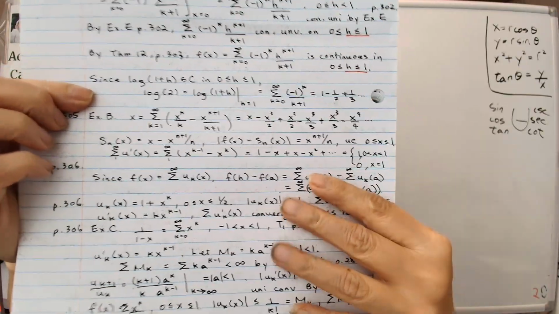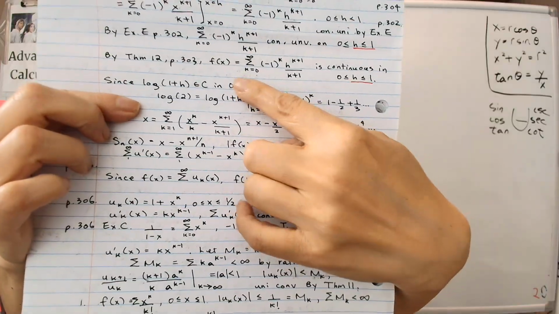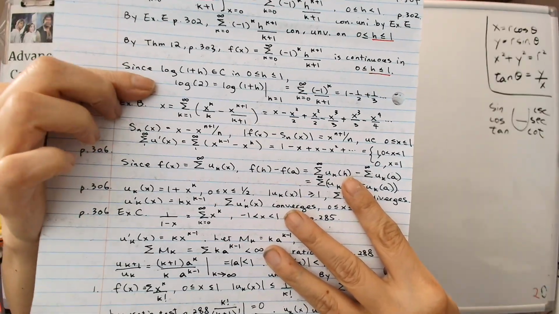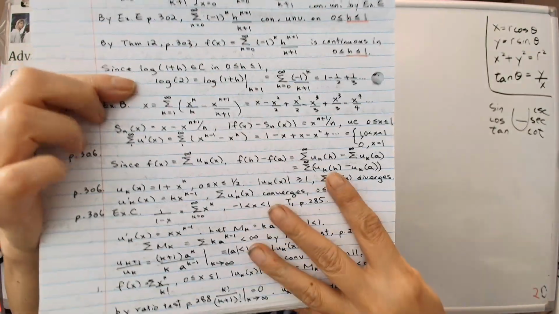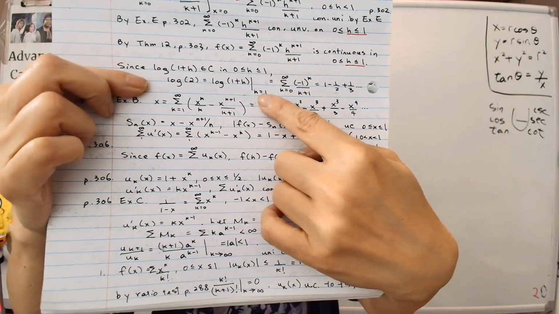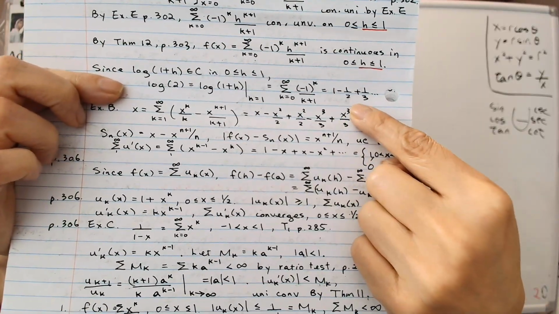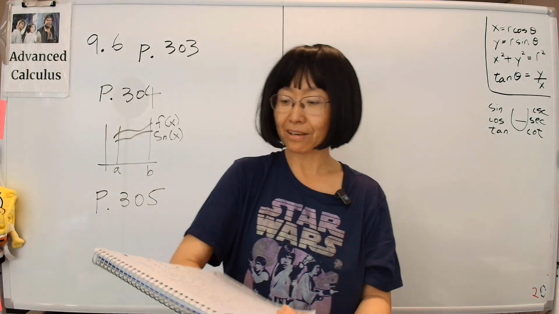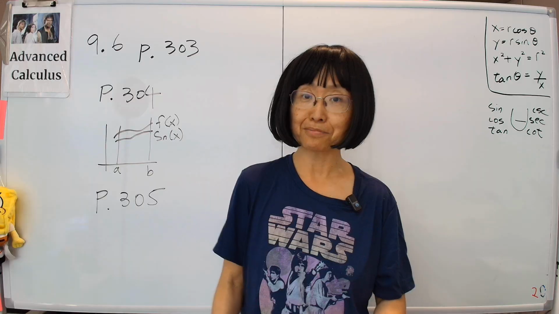In the meantime, log of 1 plus h is continuous all the way up to 1 also, and we have therefore proven that, plugging in h as 1, log of 2 is equal to this sum right here. What is this sum? This is the alternating harmonic series. In other words, this is a third proof that log of 2 equals the alternating harmonic series.